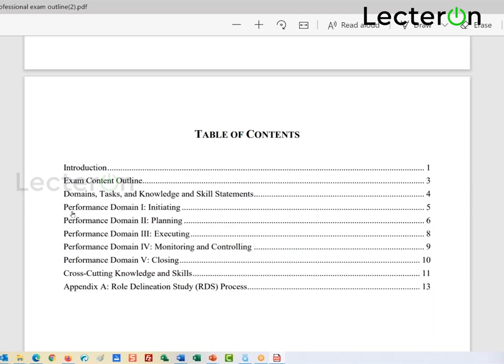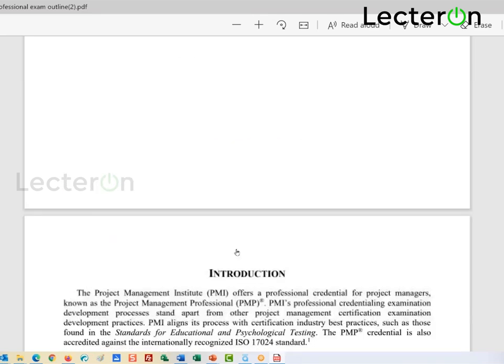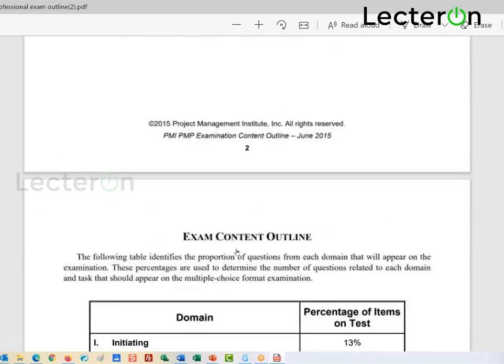It has these domains. We just finished the first one, which was initiating. You also have some knowledge and skills associated with it. Now, in the slide that I just had up, I tried to put those together. But let's look at initiating.